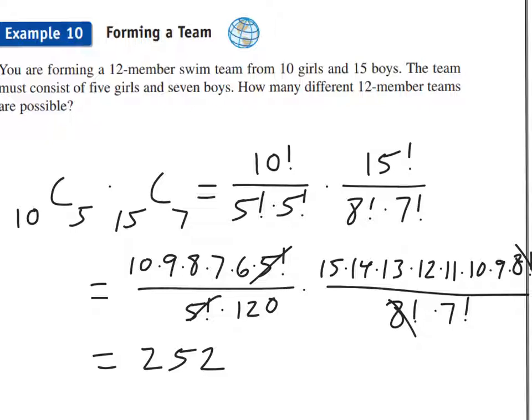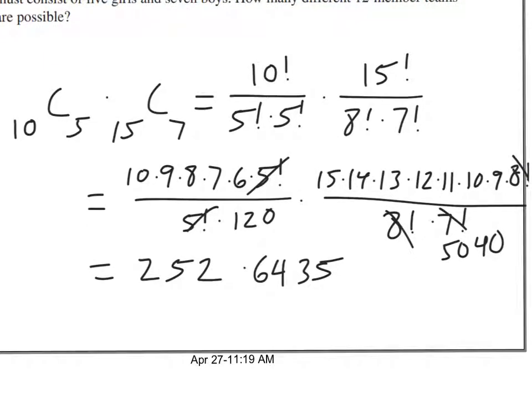So we got that. 7 factorial, by the way, is 5,040. So we could number crunch all that and get 6,435. Interesting to see that there's only 5 more boys to choose from, but it leads to significantly more possibilities, even though they're also choosing more swimmers. Multiply those together, and there are over 1.6 million different 12-member teams that we could come up with given those circumstances.